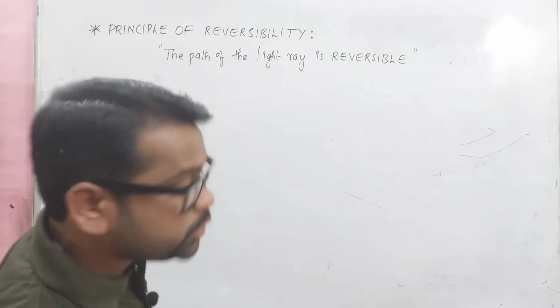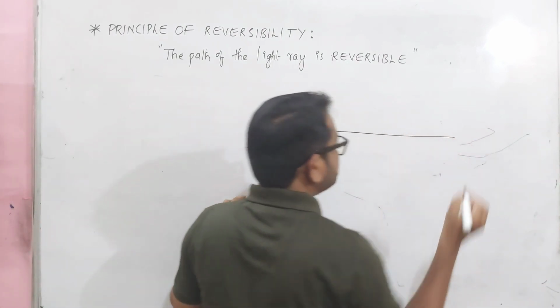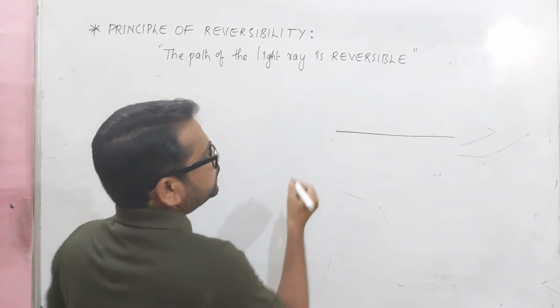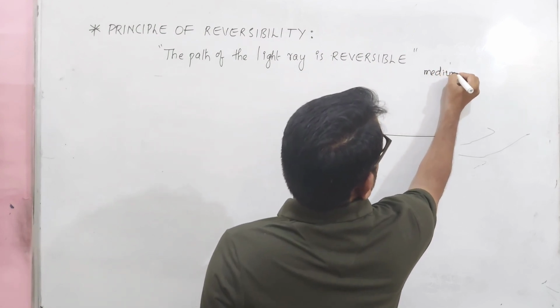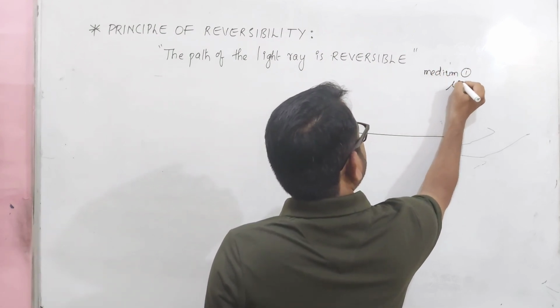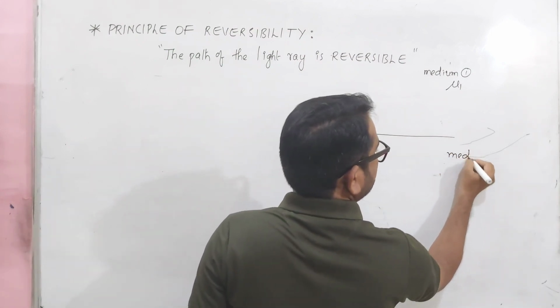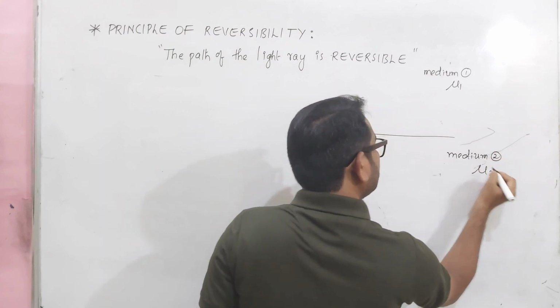Look here, children. Let us consider a separation between two mediums. Let us say here is medium 1, whose refractive index is mu1, and here is medium 2, whose refractive index is mu2.